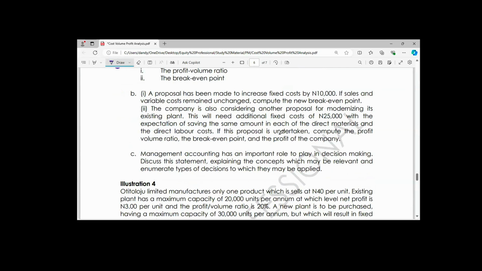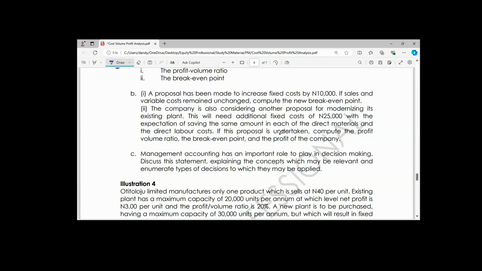Then the second B, the company is also considering another proposal for modernizing its existing plants. This will need additional fixed cost of 25,000 naira, with the expectation of saving the same amount in each of the direct materials and the direct labor costs. If this proposal is undertaken, compute the profit volume ratio, the break-even point, and the profit of the company.